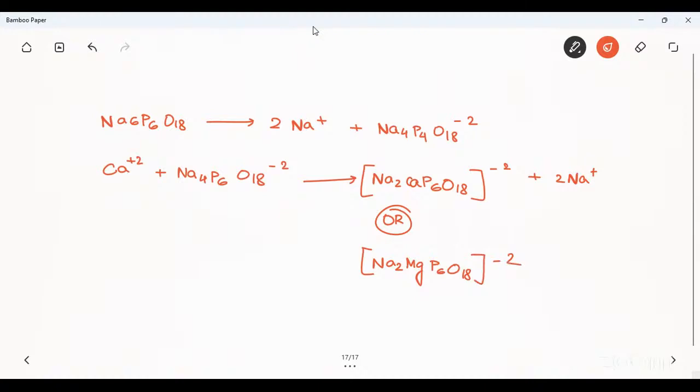So instead of calcium, if there is a magnesium salt, it will be Mg2+. This is the whole reaction.